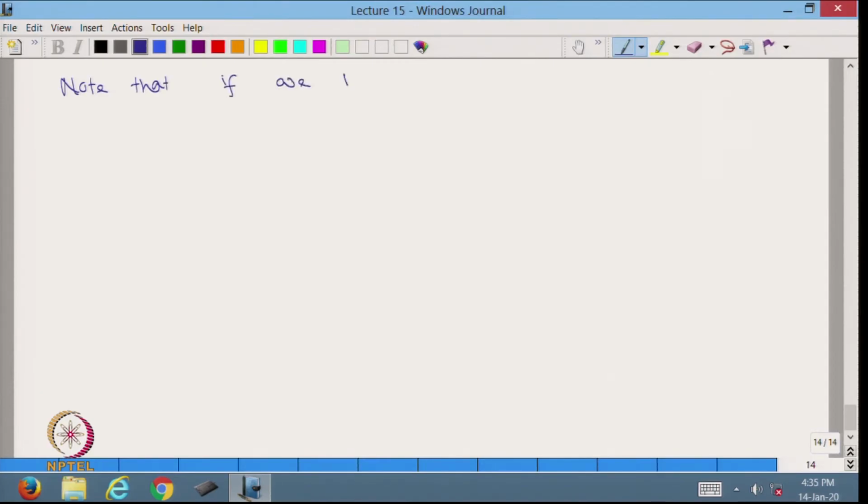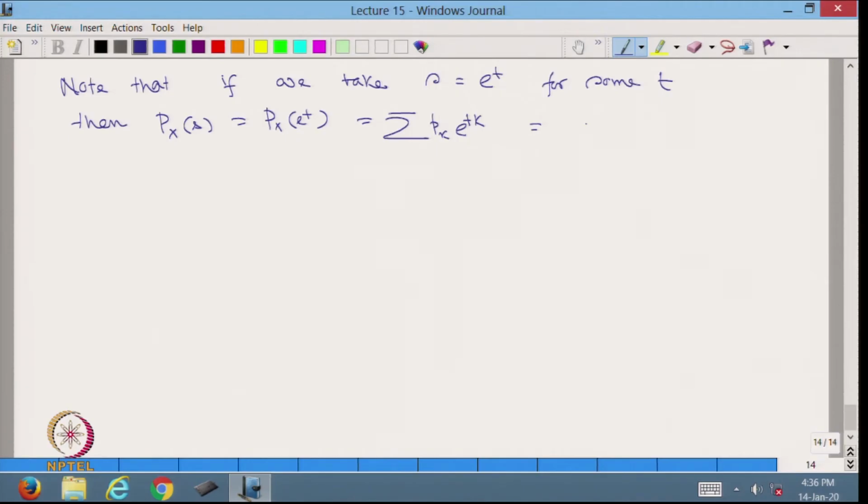Note that if we take s is equal to e to the power t for some t, then P_x of s is equal to P_x at e to the power t is equal to sigma p_k e to the power t k is equal to expected value of e to the power t x, which is the moment generating function of x.